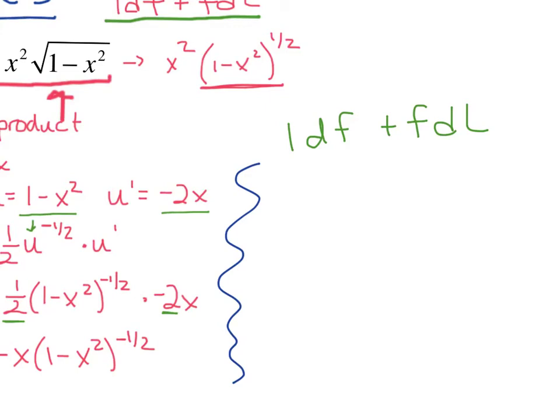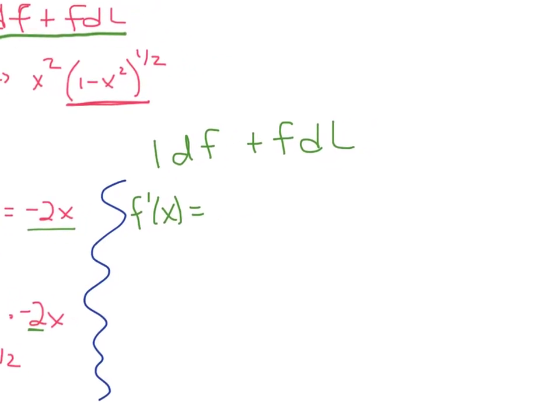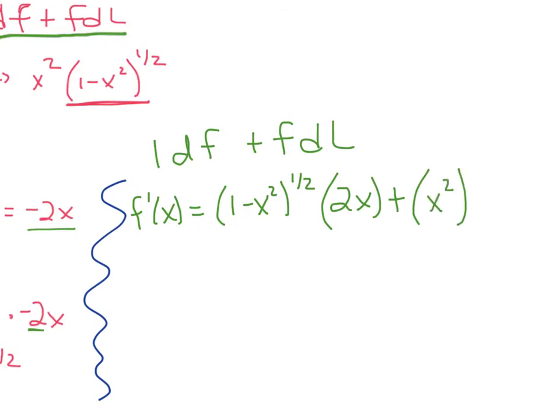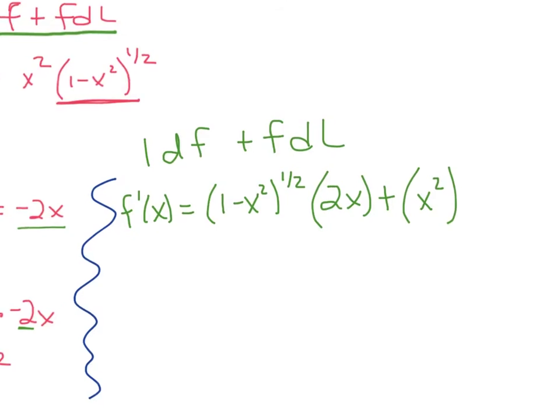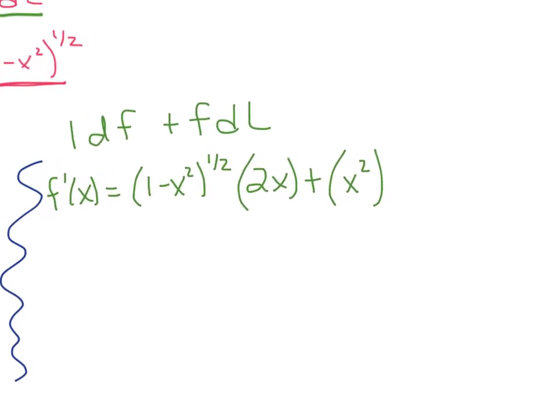So the derivative of f of x, or f prime of x, is equal to the last function, which is 1 minus x squared to the 1/2, times the derivative of the first, which is 2x, plus the first function, which is x squared, times the derivative of the last, which is negative x 1 minus x squared to the negative 1/2.